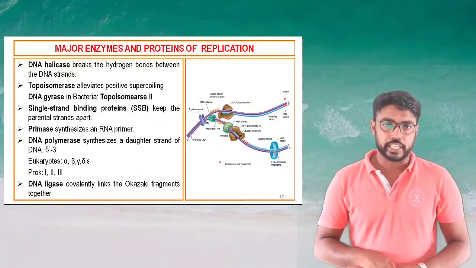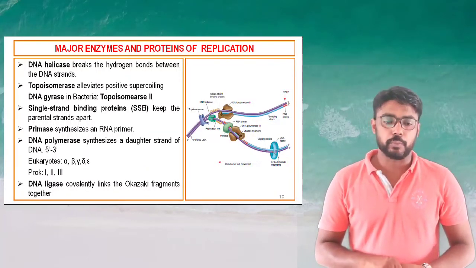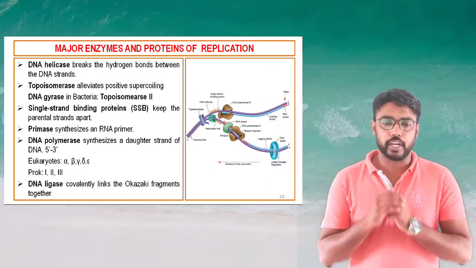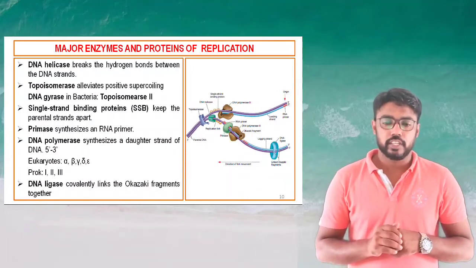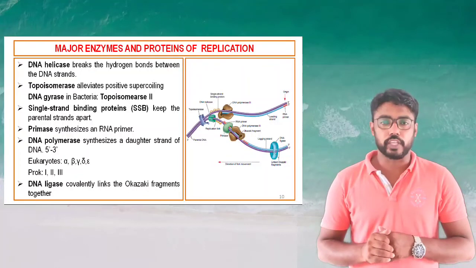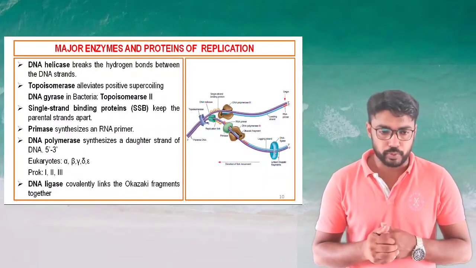And the second one is DNA topoisomerase, which alleviates or removes DNA supercoiling, that means positive supercoiling.